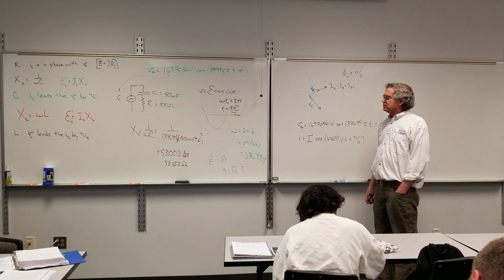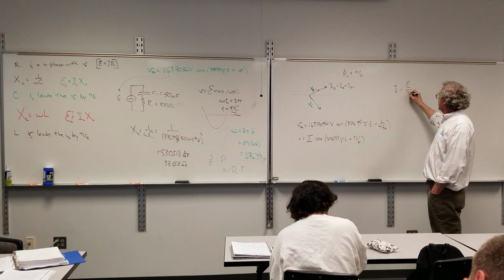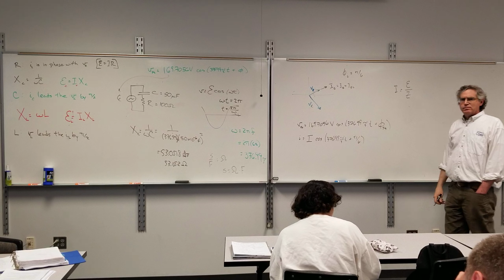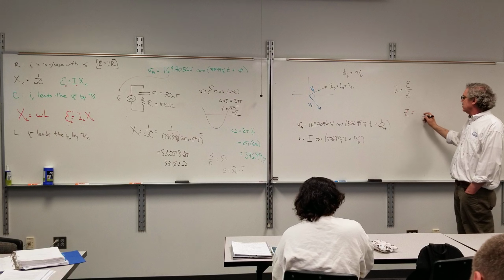The current here, well, I know we've actually solved pretty much for it. I know the current is going to be epsilon, the magnitude of my voltage power supply, divided by the impedance. And I know a formula for impedance for this circuit.